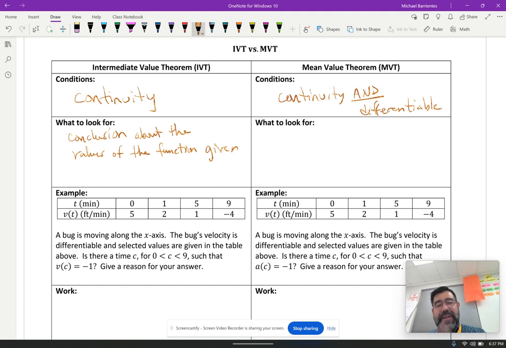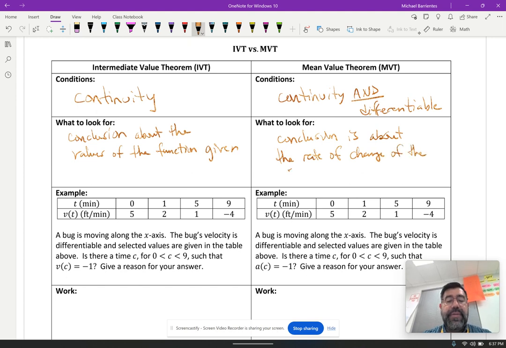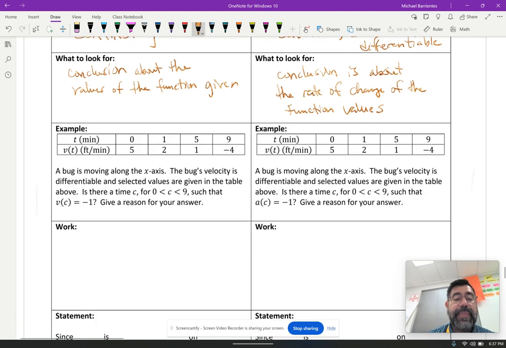Whereas if I'm doing the mean value theorem, the conclusion that they're looking for is about the rate of change, some would say the derivative, of the function given. And we're going to see that certainly as we look at these two examples.